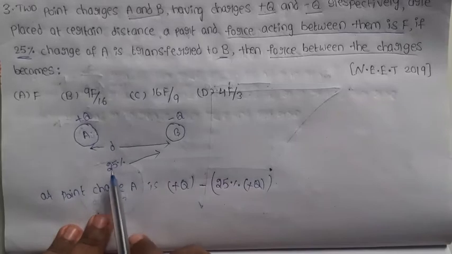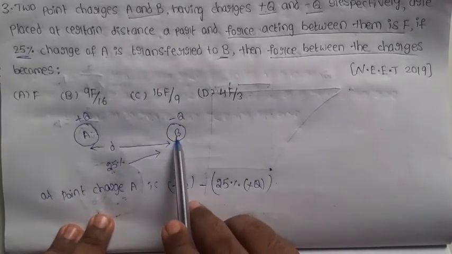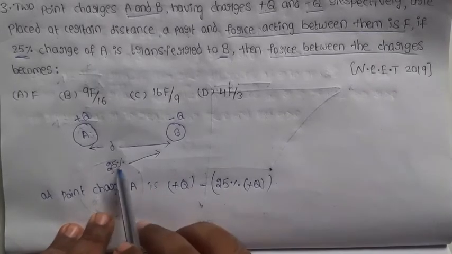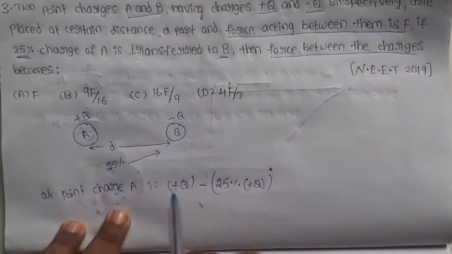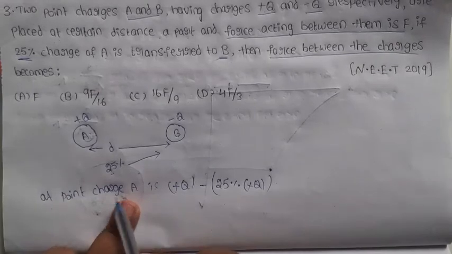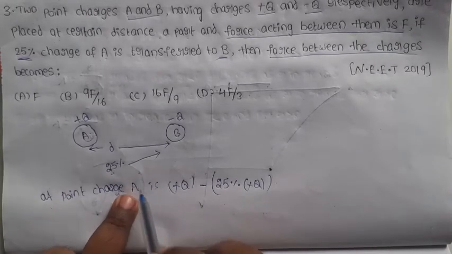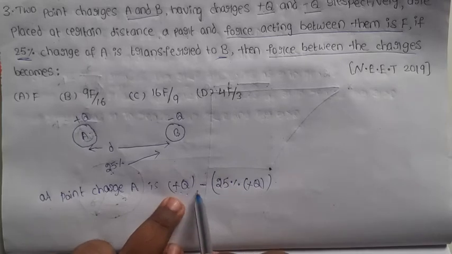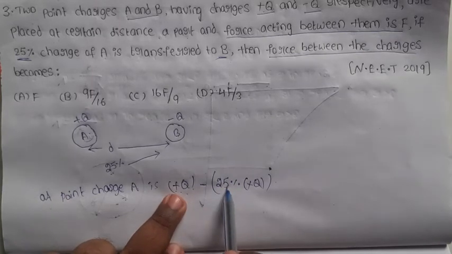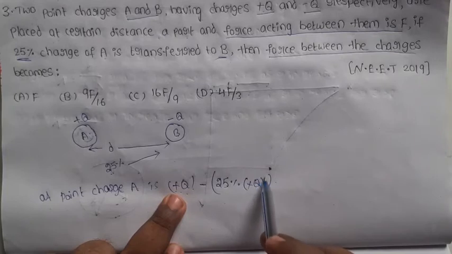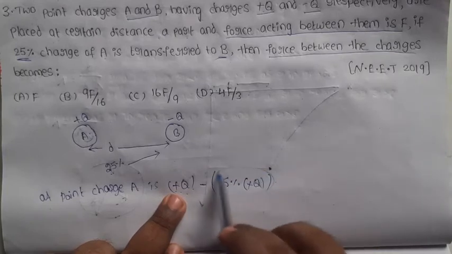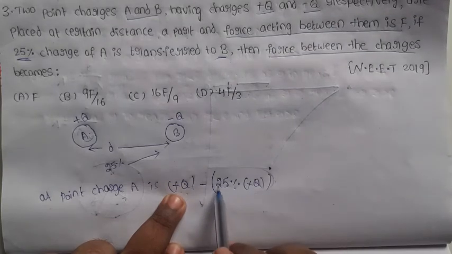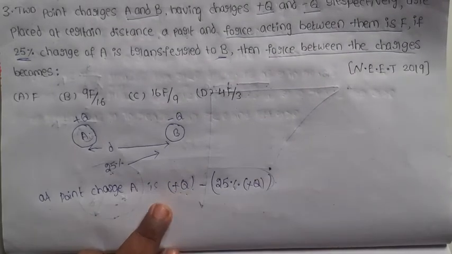When 25% of charge is transferred to B, the charge at A decreases. So the decreased amount is 25% of the original charge, that is 25% of plus Q.